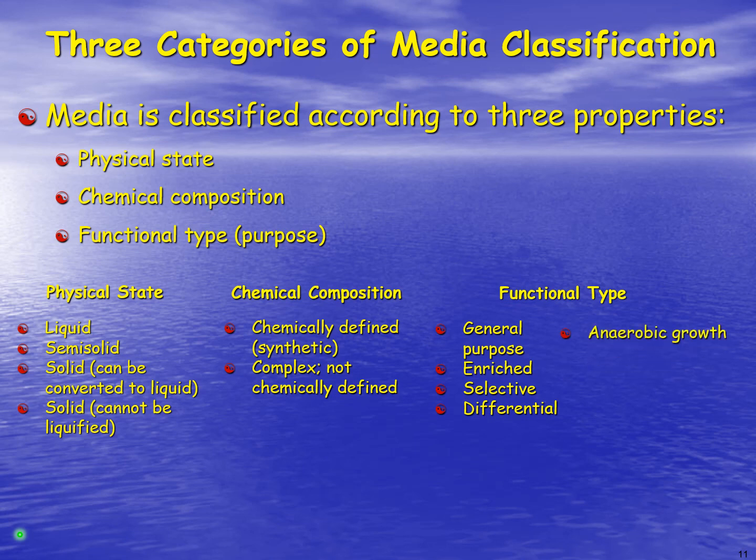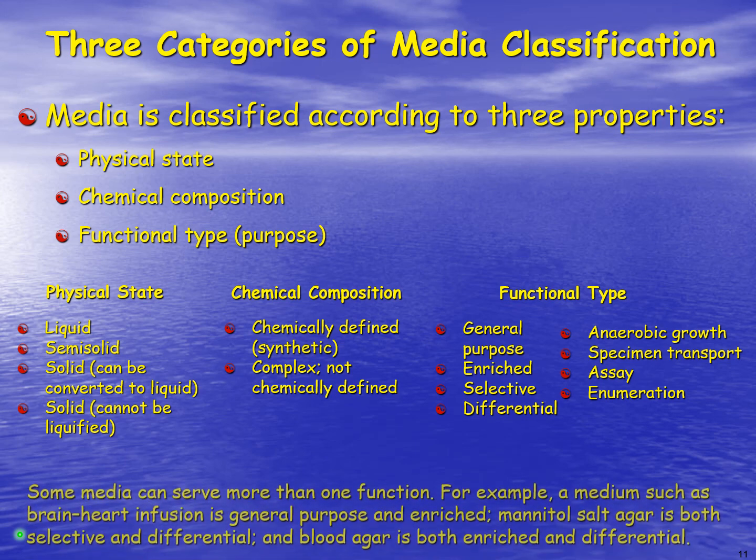We can use anaerobic medias, which take out the oxygen within the media for those anaerobic bacteria. We can see specimen transport medias, and oftentimes these will be medias that are chemically defined that will be able to keep the microbe alive while we're transporting it through mail or whatever. And then there are assay type medias. And then finally, enumeration medias, where we can use these medias to help us count or estimate the number of organisms that are present at any given time.